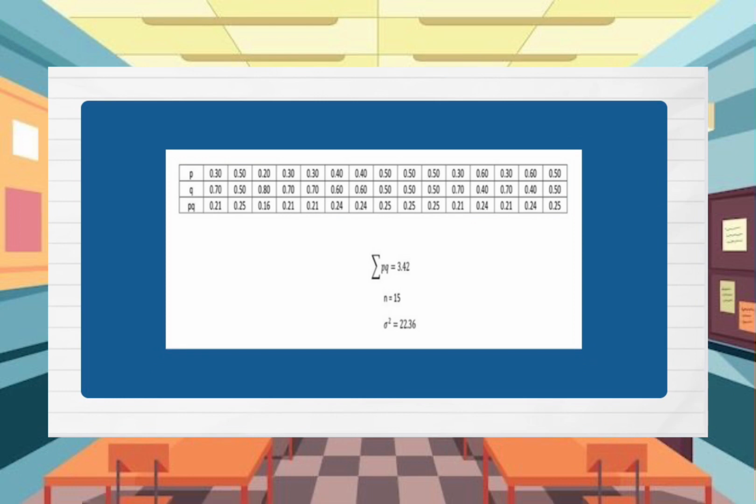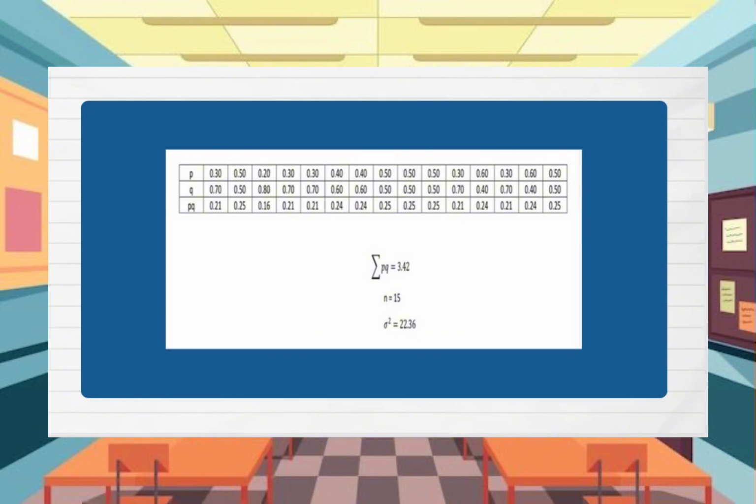It will be easy for us to find first the values of p, q, and pq for the substitution into the formula. In finding the value of p, we count the students who got the correct answer. For example, in number 1, 3 students got the correct answer, then divide it by how many students attempted the test, which is 10 students.